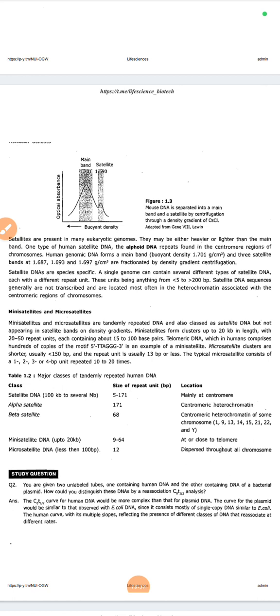They can be less than 5 to greater than 200 base pair. There can be different types of satellite DNA, each with a different repeating unit, and they are not transcribed into RNA. They are located often in the heterochromatin associated with centromeric regions of the chromosome.